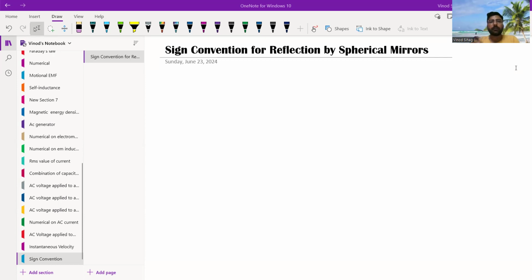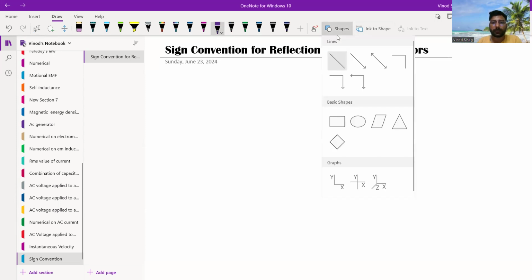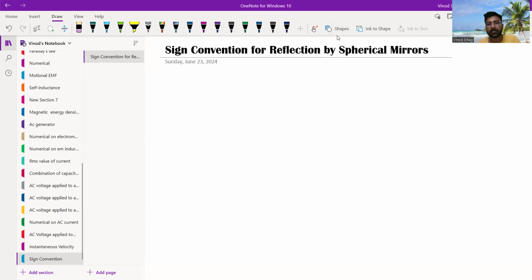So here, first of all, I'm taking a concave mirror to describe the sign convention. And there are some rules to understand the sign convention. First of all, I'm drawing the principal axis, which is sometimes called the plus x-axis also, to understand it better.